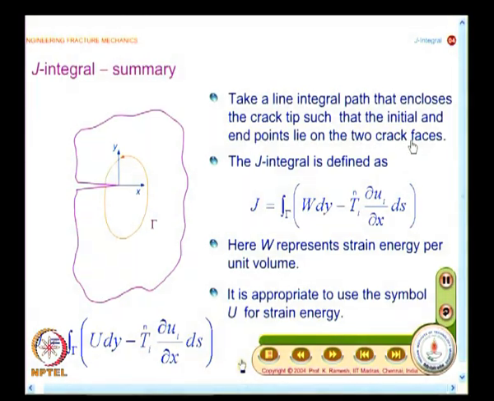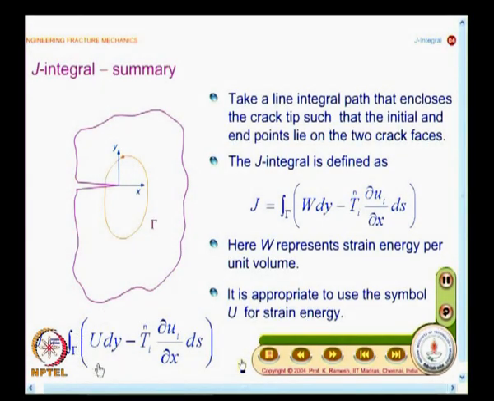See, if it is a closed contour, then the integral value will go to 0. Here it starts from one crack face, goes in an anticlockwise direction, encloses the crack tip and ends in the other crack face, then it has some finite value, and this finite value is the value of J.